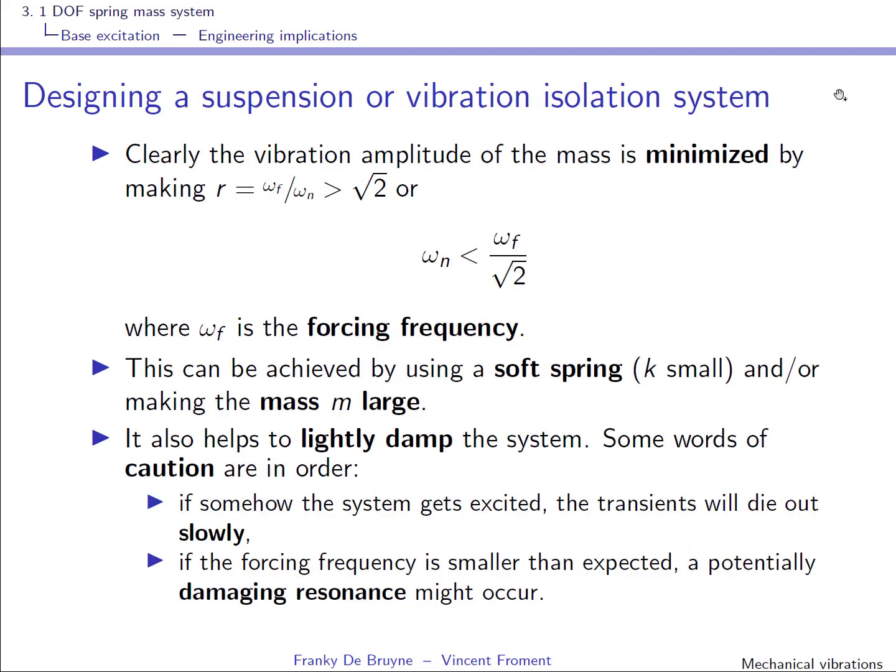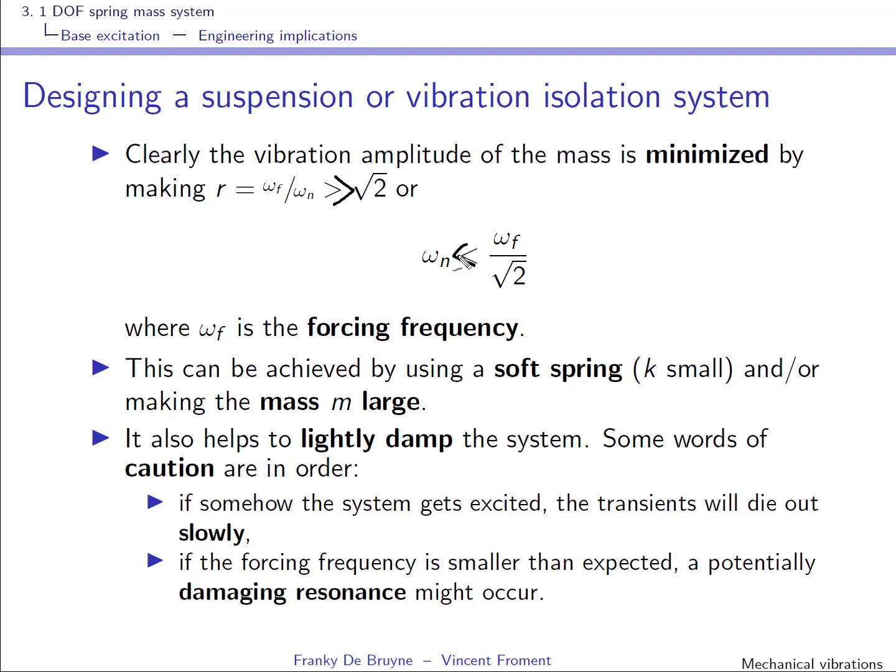Well, we have seen that we should work in the isolation region, and we should have R larger than square root of 2, and most of the time we say much larger than square root of 2, or natural frequency much larger than the forcing frequency divided by the square root of 2.